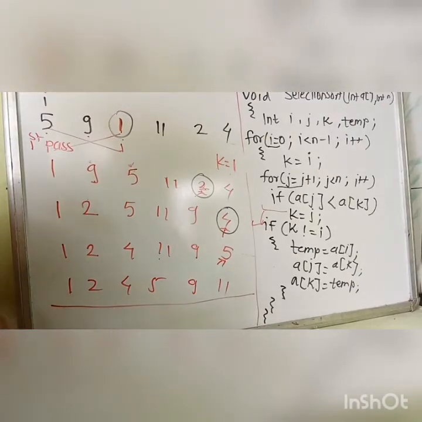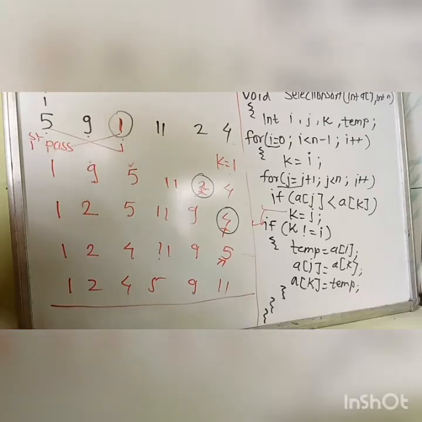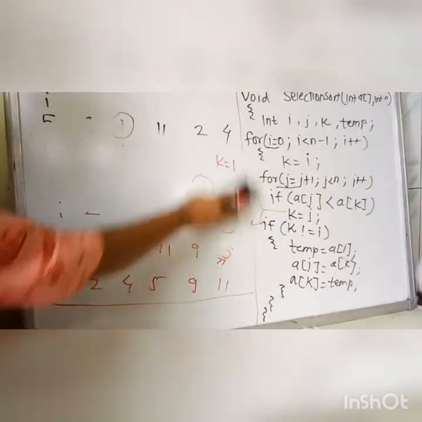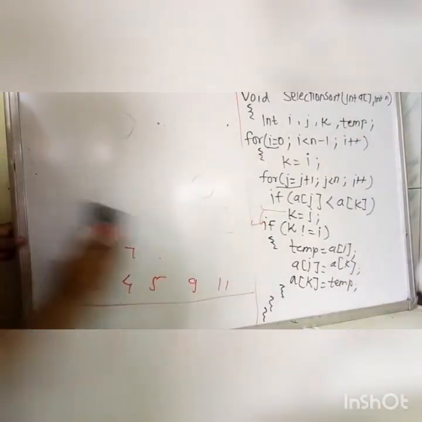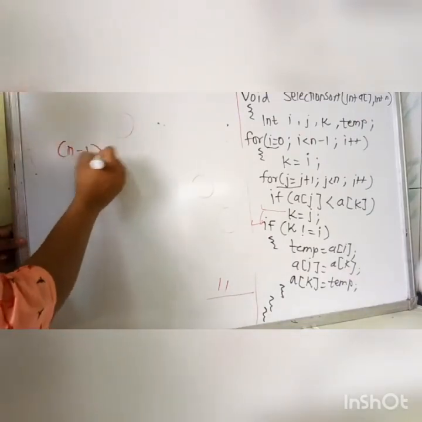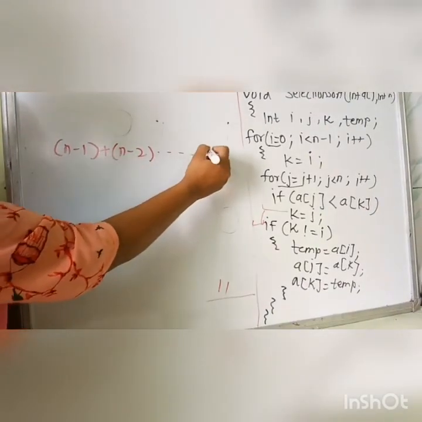Now if we analyze it in terms of time complexity, the number of comparisons can be calculated as n minus 1 plus n minus 2 plus so on up to 1.